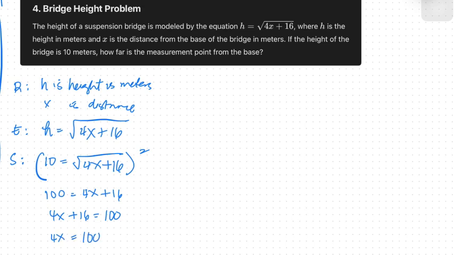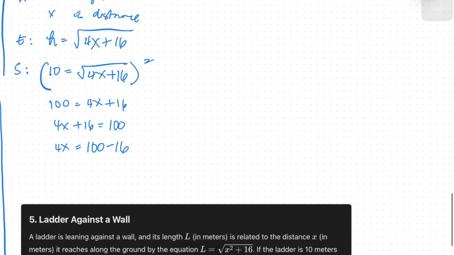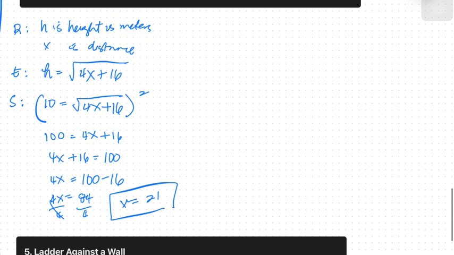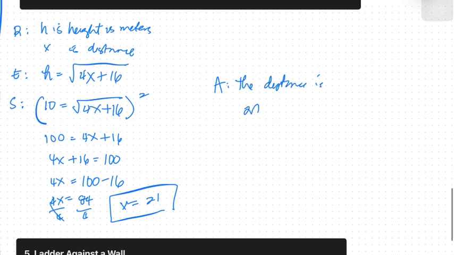So, 100 minus 16, that is going to give me 84, right? Divide everything by 4, your x is going to be 21. So, ang answer po natin, how far is the measurement point from the base? The distance is 21 meters.